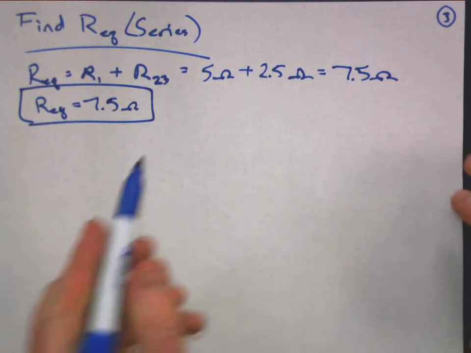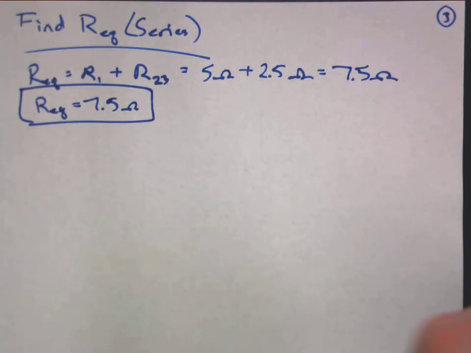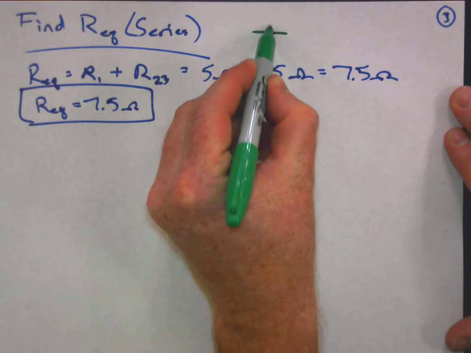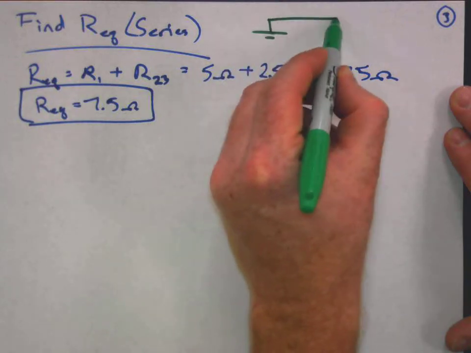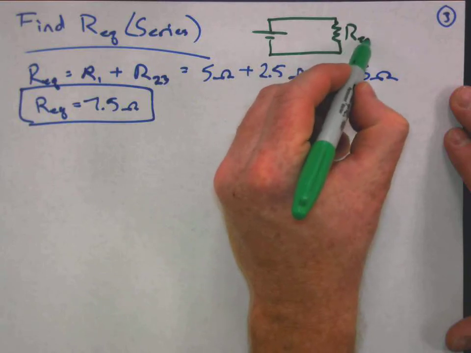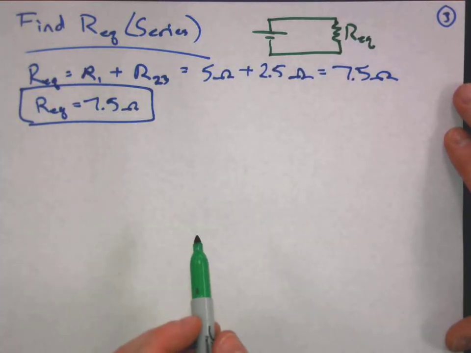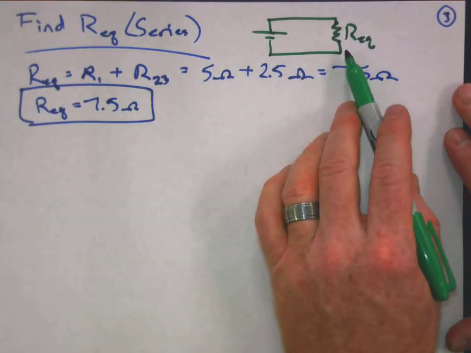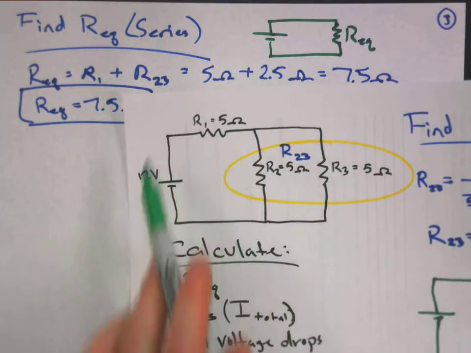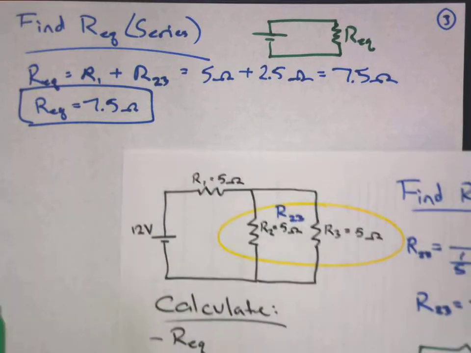Very cool. If I want help understanding what's going on, at this point I just have a voltage source and one resistor, and it's REQ. So the overall resistance of this circuit, the overall effect, is just 7.5 ohms.